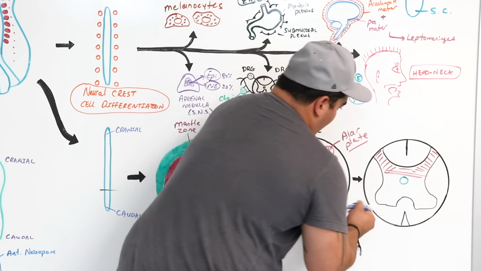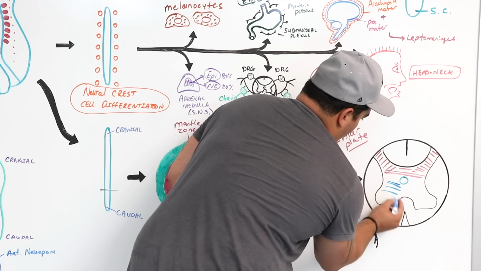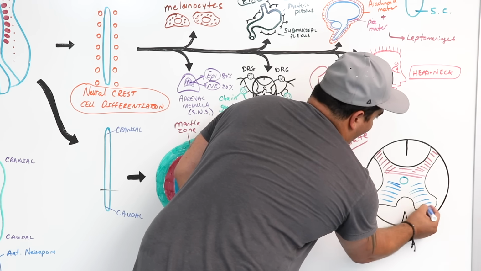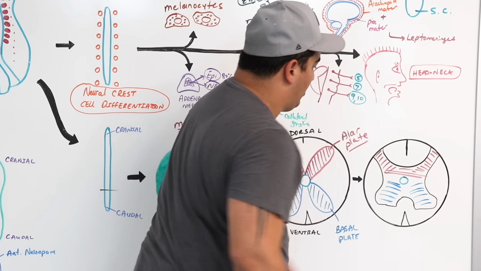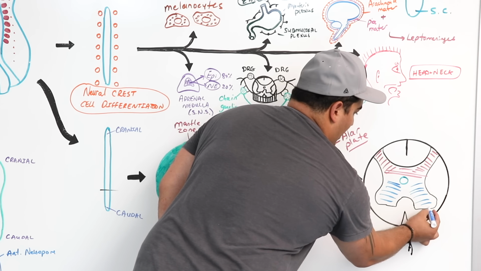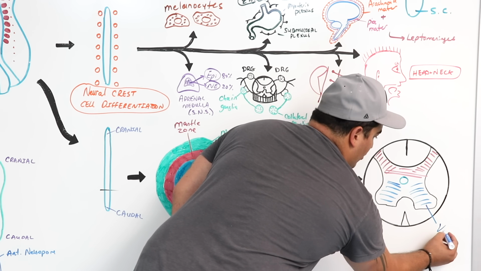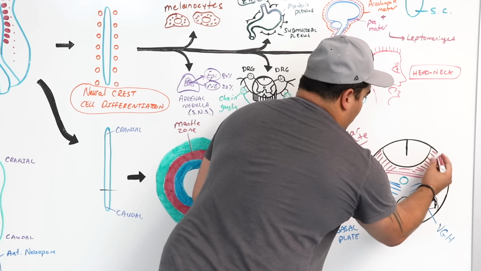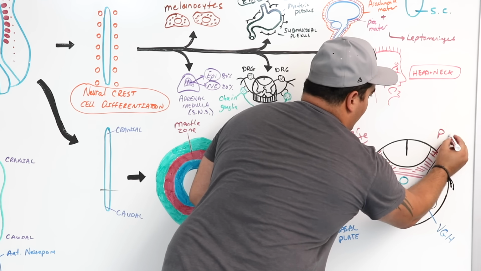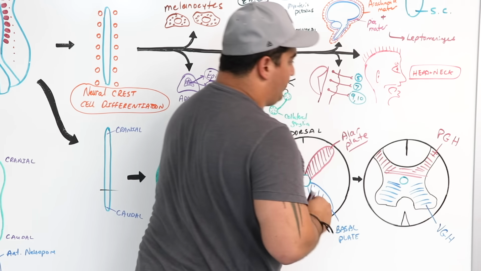Then, extending ventrally and laterally is going to be the anterior gray horn. The basal plate is going to make the ventral gray horn, and then the alar plate is going to make the posterior or dorsal gray horn.